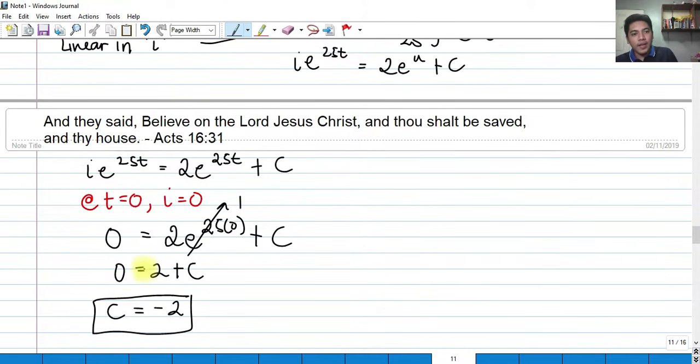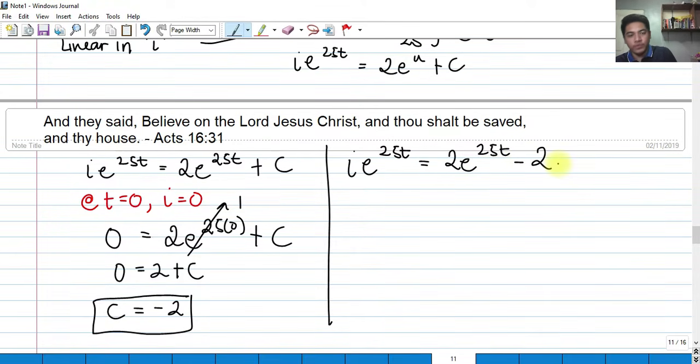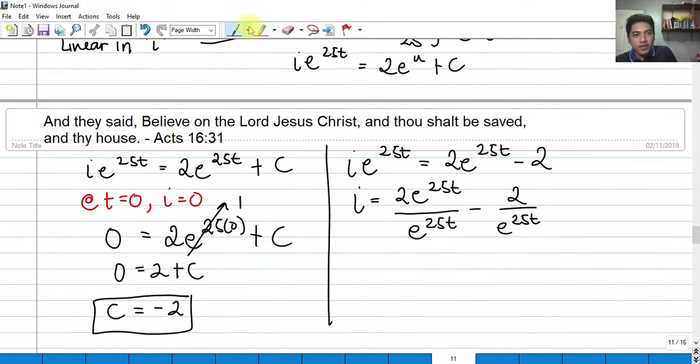So now we have an equation I e raised to 25t is equal to 2 e raised to 25t minus 2, because our value of c is negative 2. If I'm going to express the left side as a function of time, I divide both sides of the equation by e raised to 25t. So we have 2 e raised to 25t over e raised to 25t minus 2 over e raised to 25t. You can see here that this cancels out.